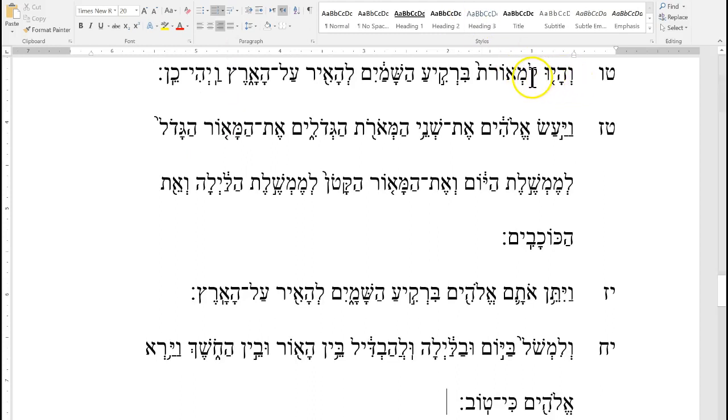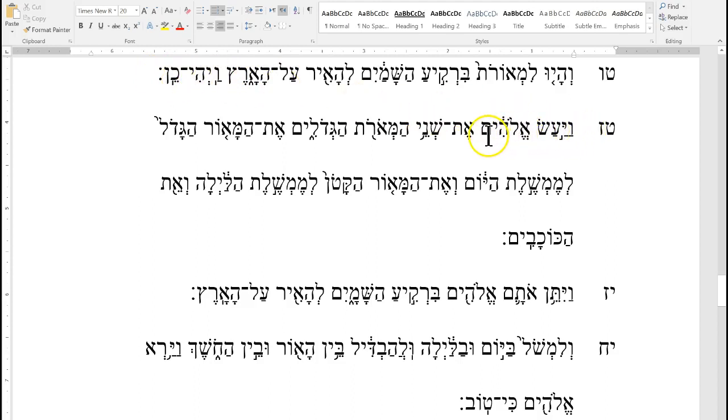Ve hayu lim'orot, and let them be for lights, barakia, in the rakia of the heavens, la ha'ir, to bring light, al ha'aretz, on the earth. Vayhi, and it was so.